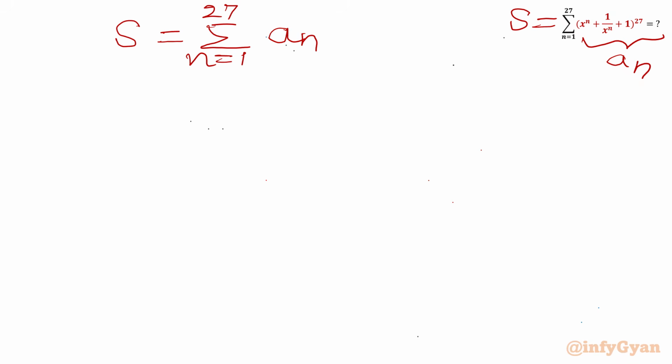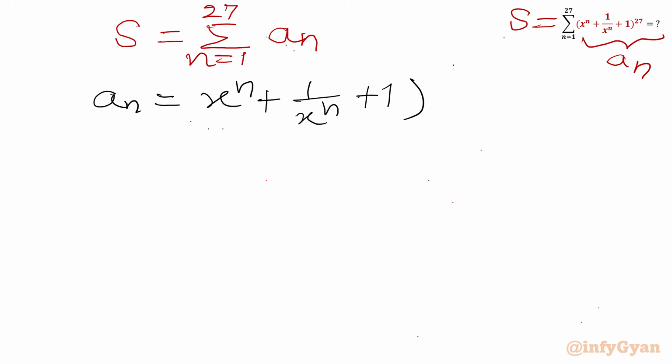Let me write the sum S. It is written here. Let me consider this is equal to an. So I will write the sum over n equal to 1 to 27 of an, where an is (x power n plus 1 over x power n) plus 1, whole power 27.